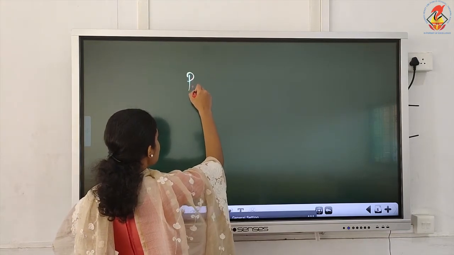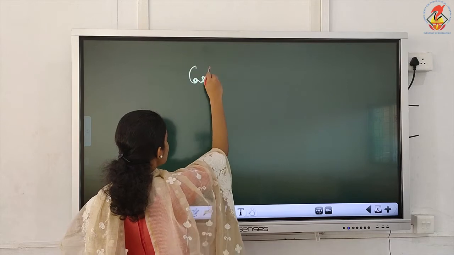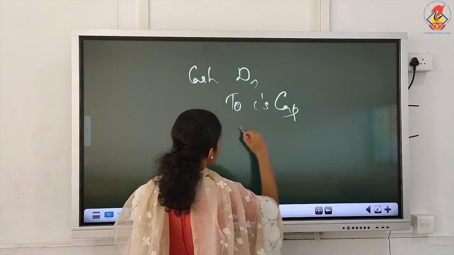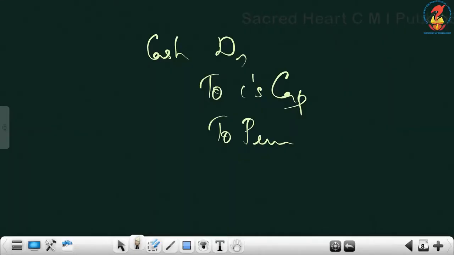So we will write the first journal entry, that is cash to C's capital to premium. C's capital is 5 lakhs, yes, 5 lakhs, and premium is 2 lakhs, but did he bring in 2 lakhs? Can we credit 2 lakhs?